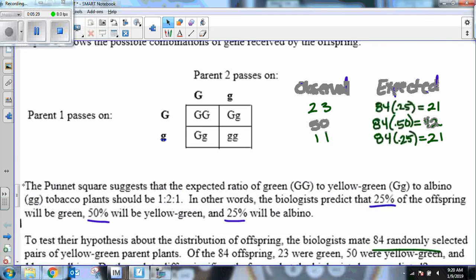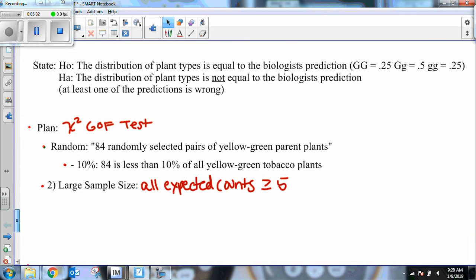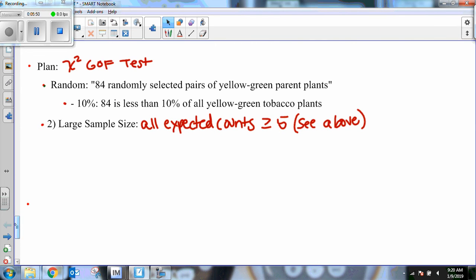So we have met that condition. So in the test, because I showed it up there, I could just do this, see above. You just have to have it somewhere referred to on your paper to show that you did indeed check the expected counts. You can't just say it. You have to show that you've checked it. So because I have it listed above, that's good enough for my check.